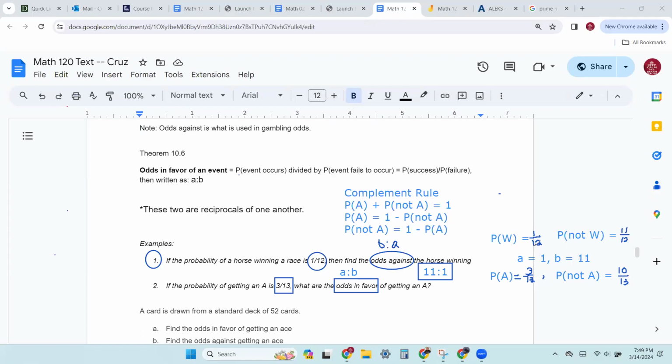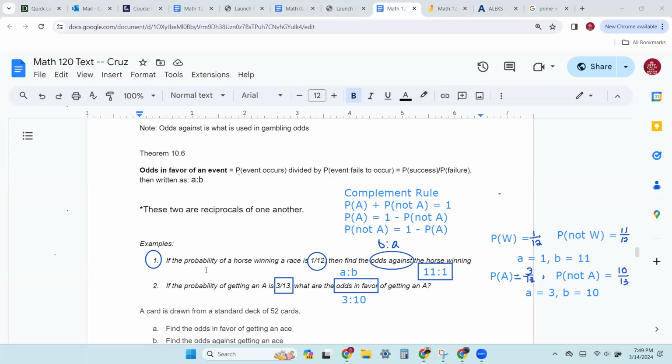But we're not using the denominators now for the odds. So I'm just going to say A is equal to 3, B is equal to 10. And we're looking for A to B, odds in favor. So that's going to be 3 to 10.